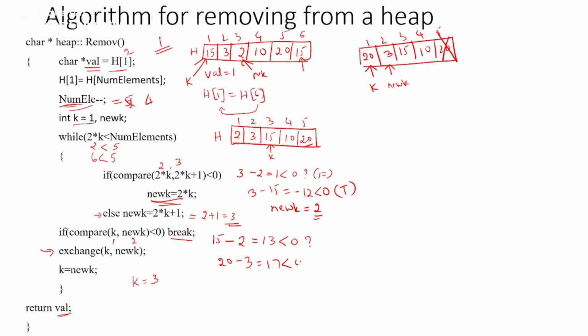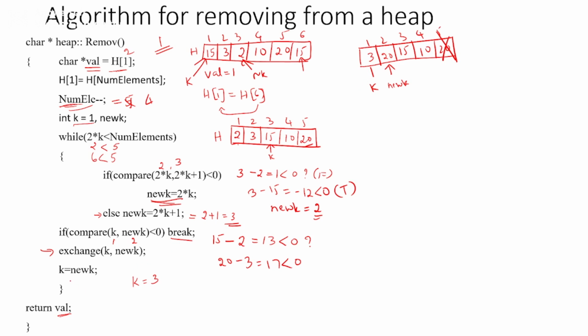Whether it is less than 0? No. So don't break, exchange k and new k. So here instead of 3 you will get 20, and instead of 20 you will get 3. So you have exchanged it.